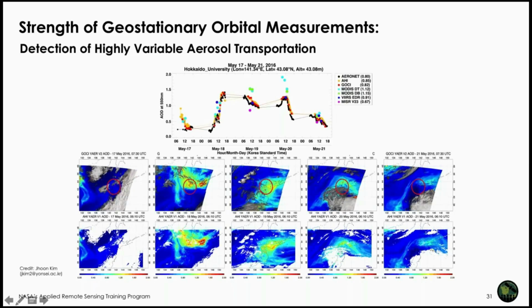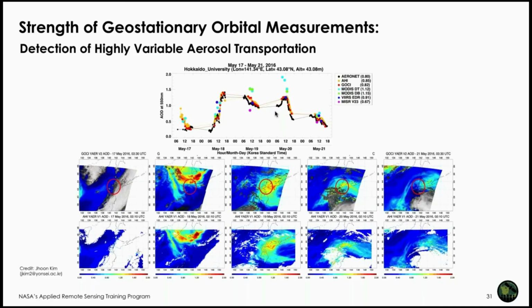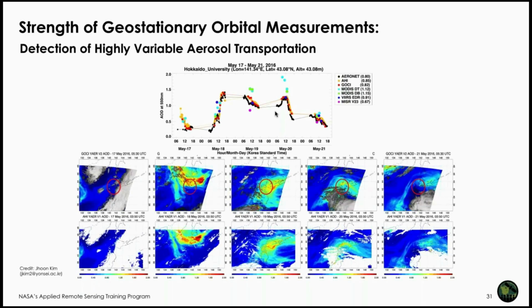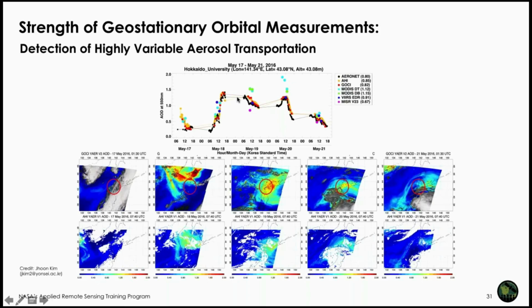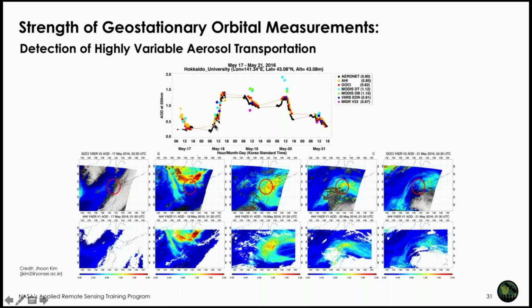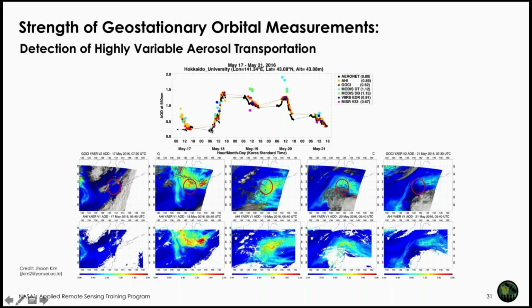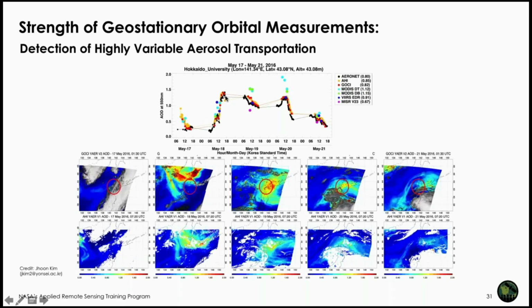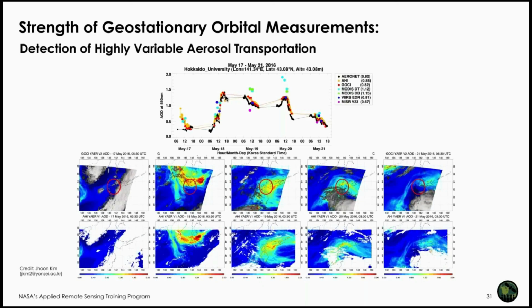But lower orbit measurements like blue or green or magenta color, MODIS dark target, MISR, only detect once or twice per day. So it is very hard to detect this rapid change of atmospheric conditions using the lower orbit data.